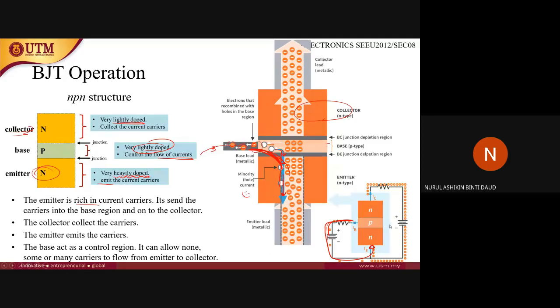The free electrons move through the collector region into the external circuit, and then return into the emitter region again.